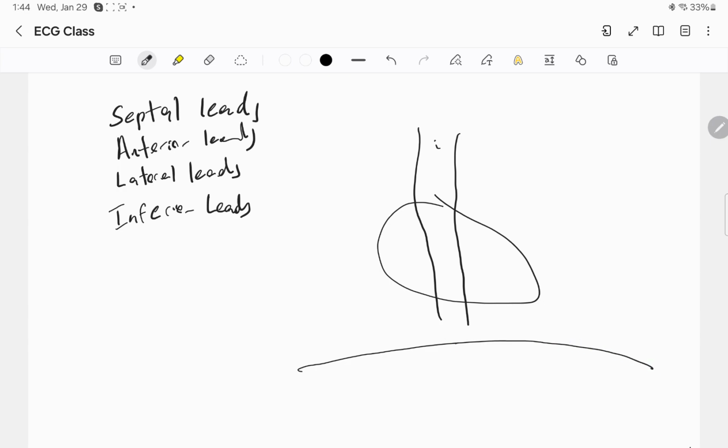So this is the sternum, and V1 and V2 are the closest and most anterior to the septum.